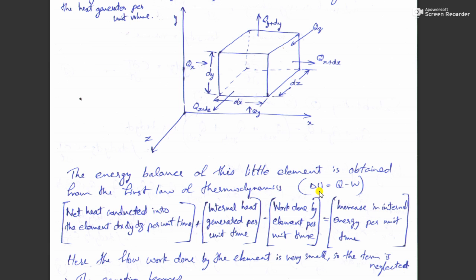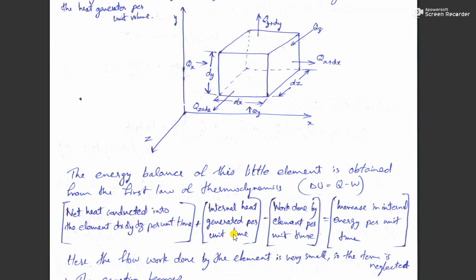By using the first law of thermodynamics, we can elaborate it as the net heat conducted into the element dx, dy, dz per unit time and the internal heat generated per unit time.